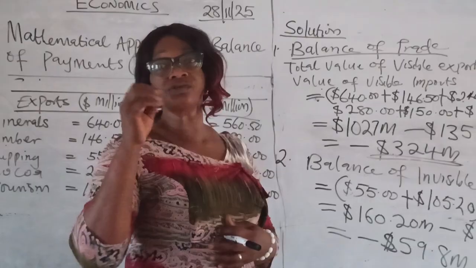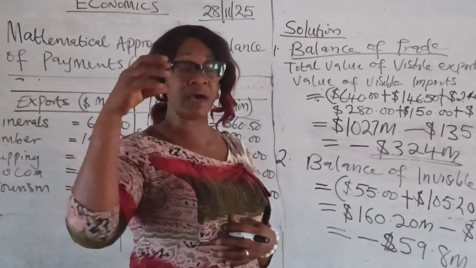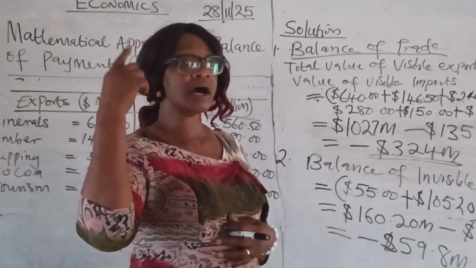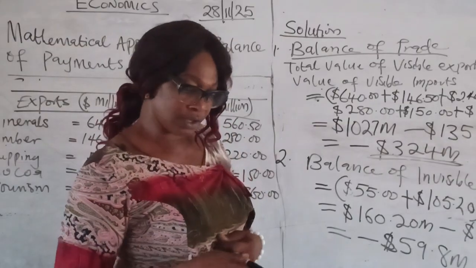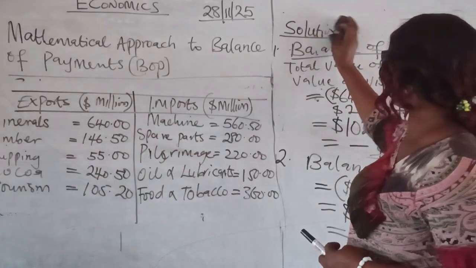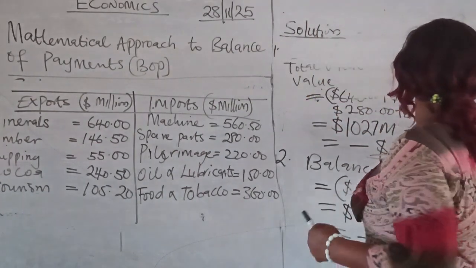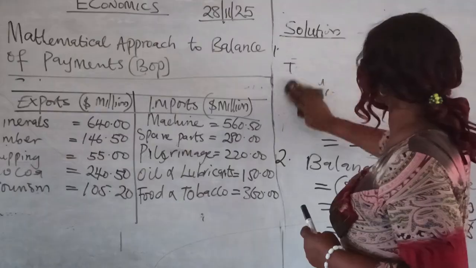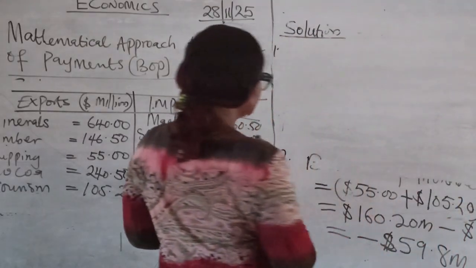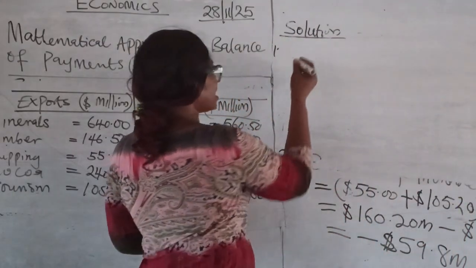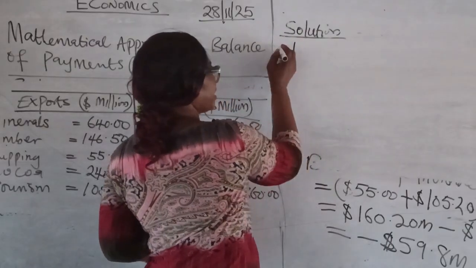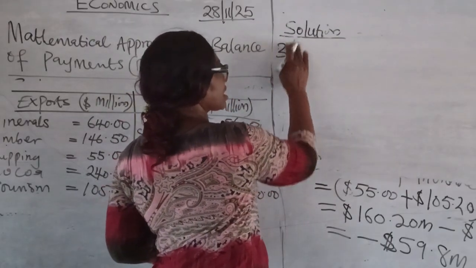So that's $200 million from IMF is our capital account. So we are calculating our balance on capital account.